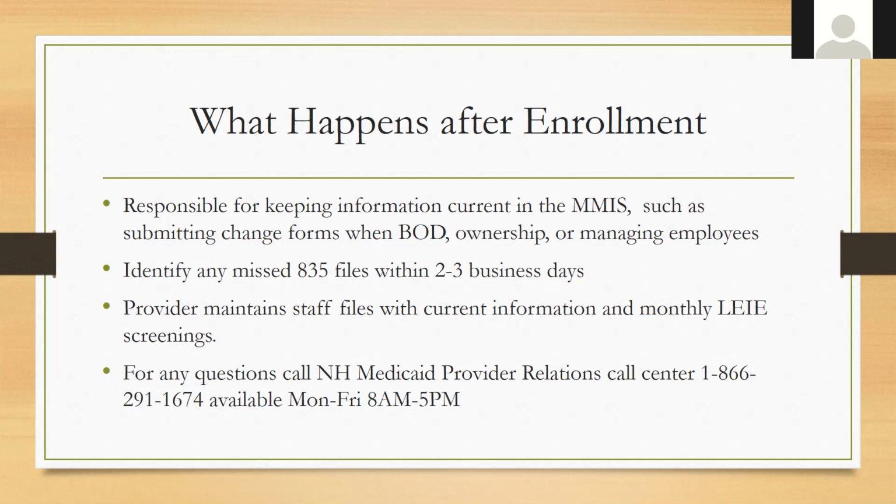Also, if you are accepting 835 files, which are your remittance files, if you have checked off that you want to get them and you know they come a certain day every time you submit claims, if you don't see those files coming through within 2 to 3 business days of the projected date you're supposed to get it, you really need to contact Medicaid Provider Relations, because maybe there's something wrong with the way the information is being fed back to you, or there's a delay at the MMIS system and they didn't get them out on the day they were projected to go out.